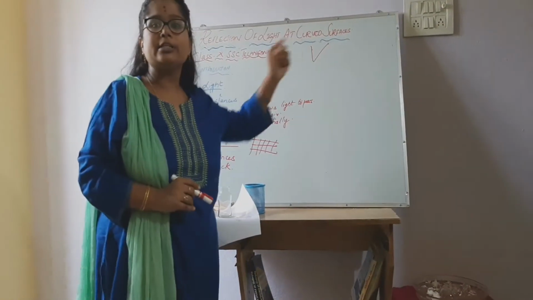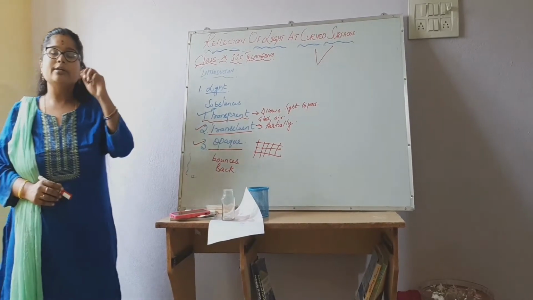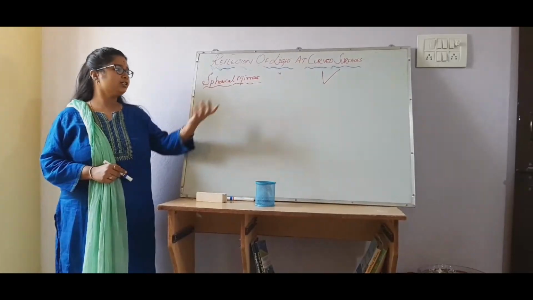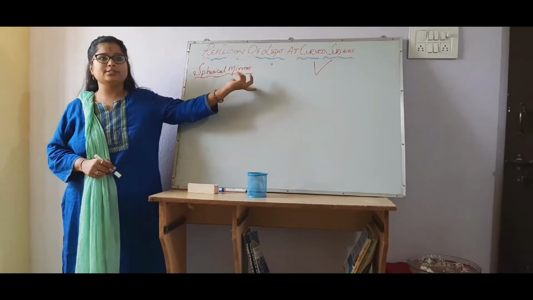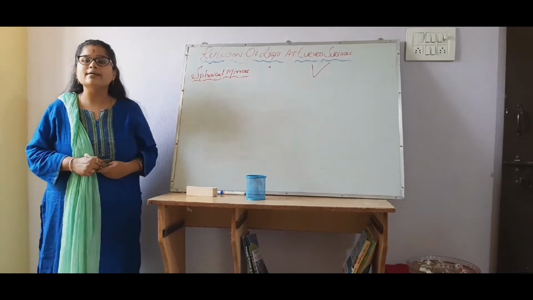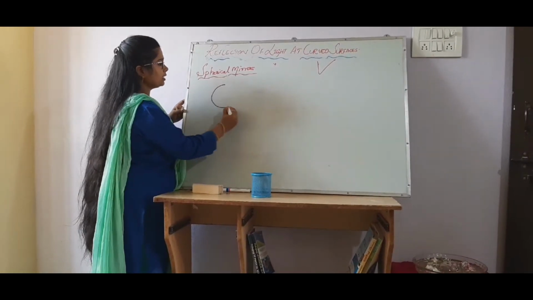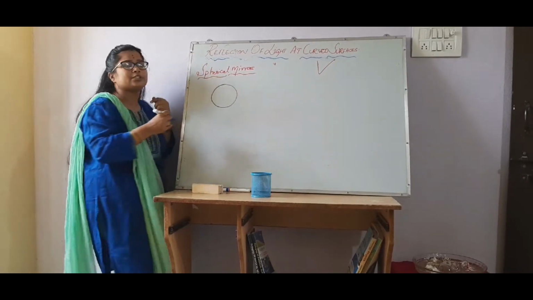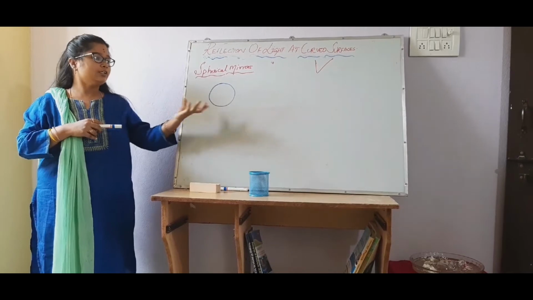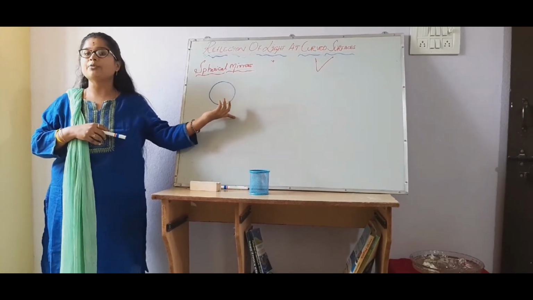Before I talk about these curved surfaces, I want to tell you about the basics which you have learned in your class 7. Let us talk about spherical mirrors. What are these spherical mirrors? Spherical means it is round, like this surface. Suppose you think of a round mirror.